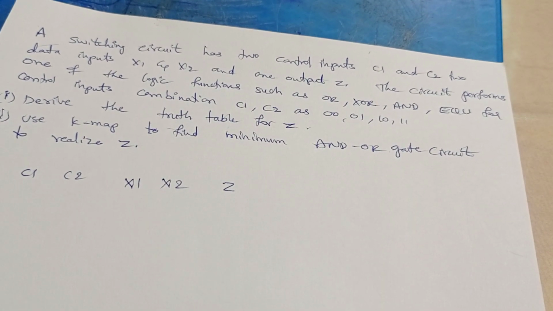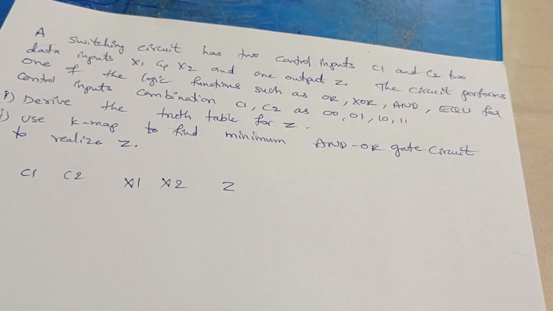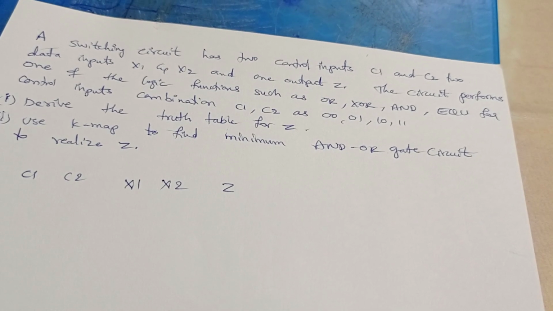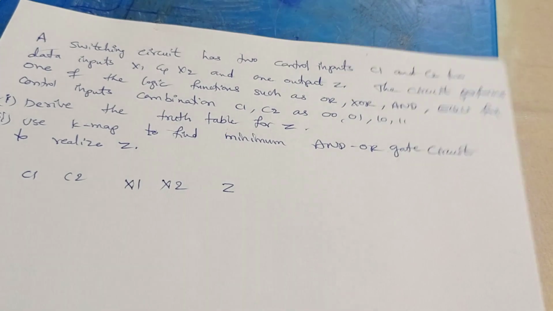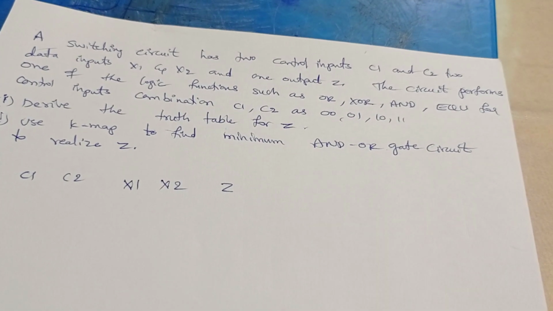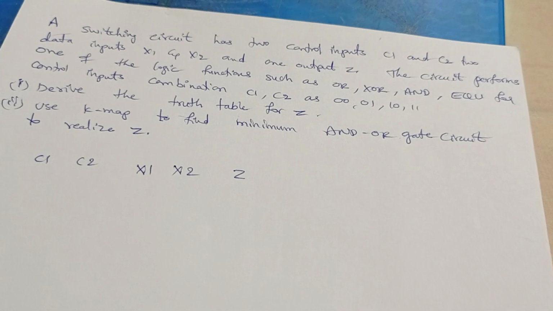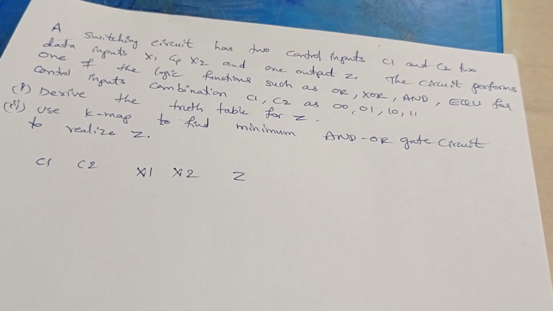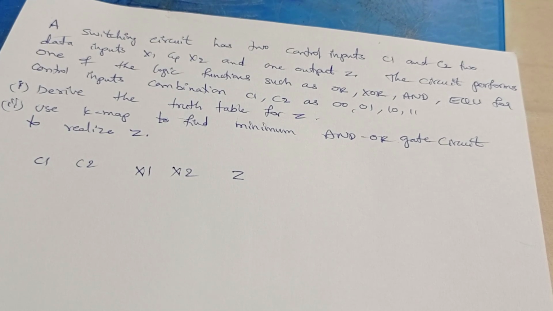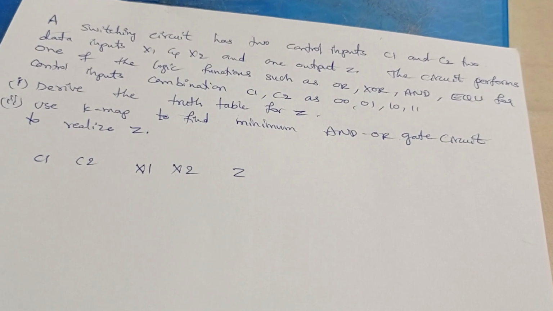The circuit performs one of the logic functions such as OR. With an OR gate, what do we get? If both are 0, then we get 0 output, or else for all the other combinations it will be 1.